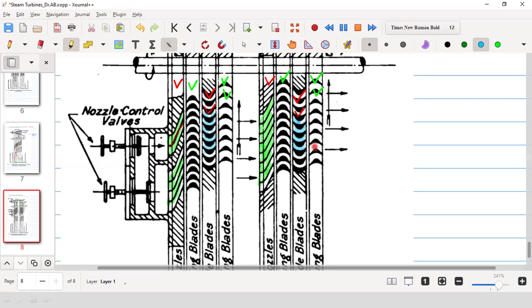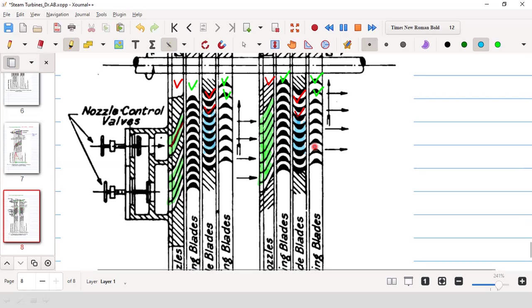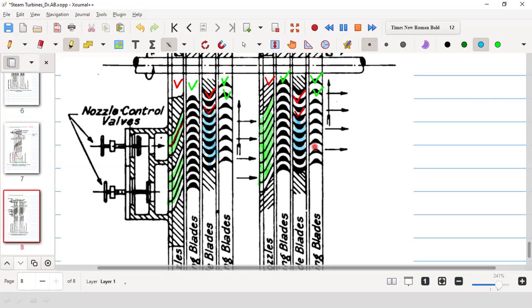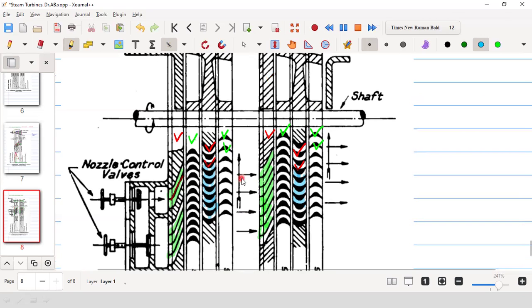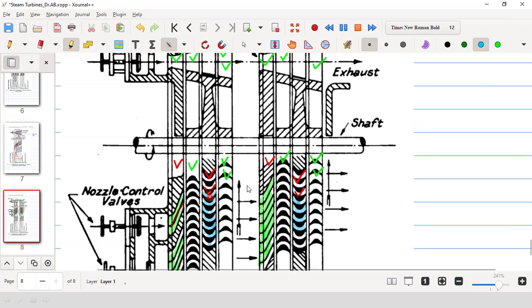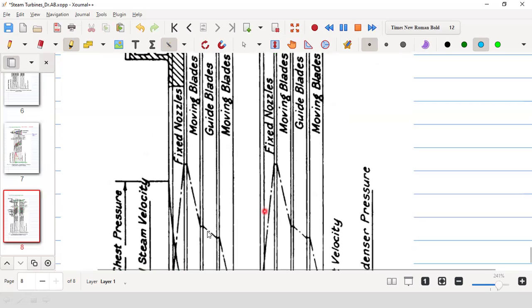These are not nozzles. These are guide blades. If there are a number of nozzles, then there will be pressure compounding. If there are guide blades, then this is basically velocity compounded. So you see the difference here.